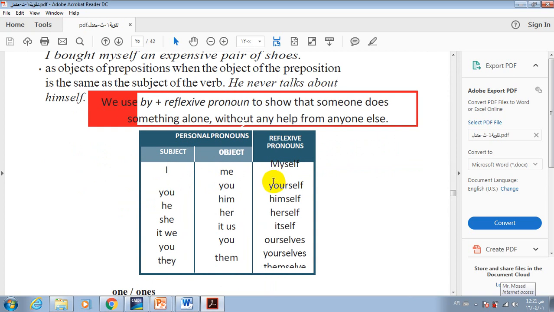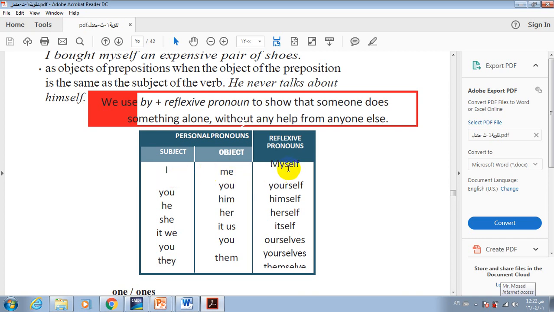As you see, we are going to explain how to use reflexive pronouns in sentences or questions. But first, let's know the reflexive pronouns.